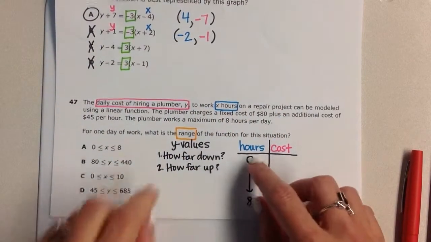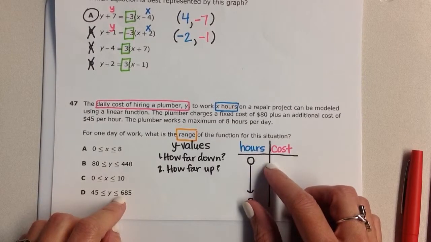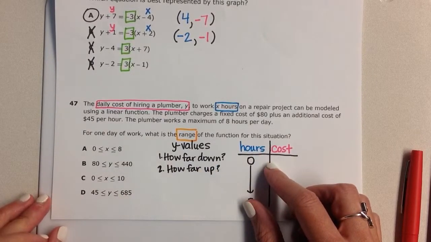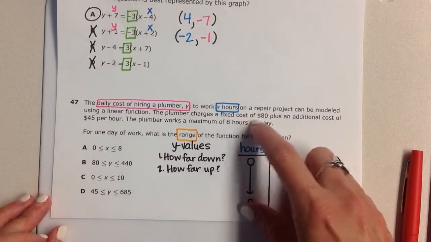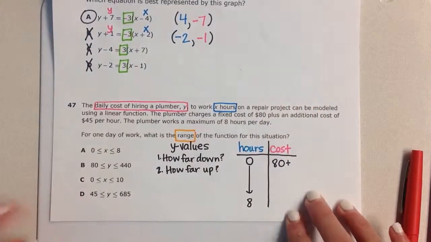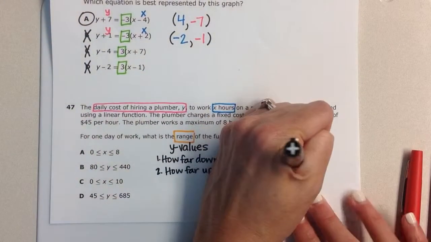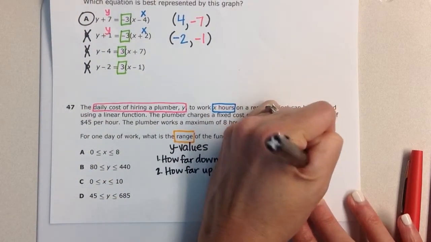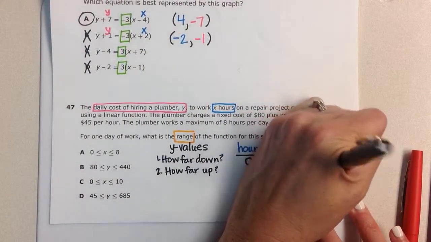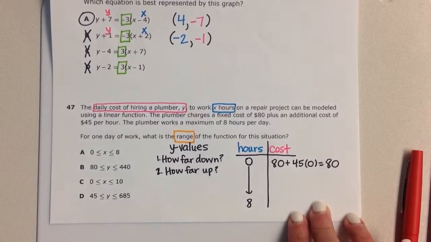All right, so if he works 0 hours, what is his cost going to be for that? Well, it says he has a fixed cost of 80, so it's going to be 80 plus 45 per hour, so 45 times the number of hours. If he works 0 hours, he's going to get paid $80 no matter what. That would be his lowest cost.